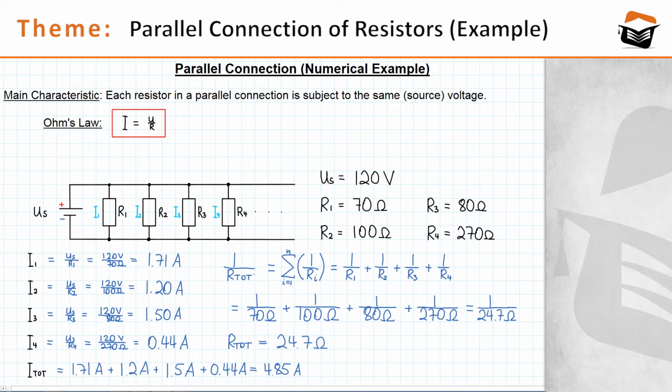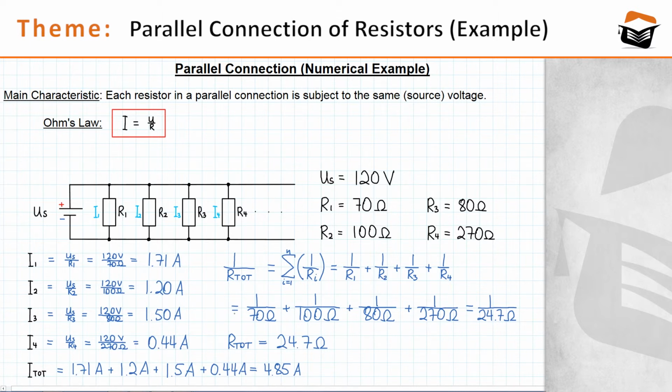Now, here's one useful information for you. The way to compute the total resistance is either to apply this equation that I have just shown, or what you could also do, you could use the equation related to Ohm's law and rearrange this equation into R, which would be R is equal to U divided by I. So U is your source voltage of 120 volts, and I is your total current in the circuit, which is 4.85 amps.